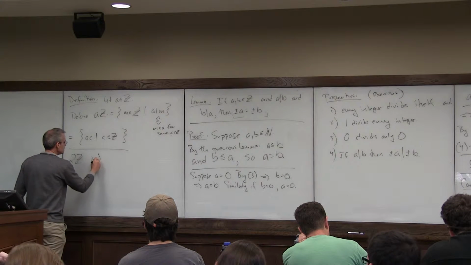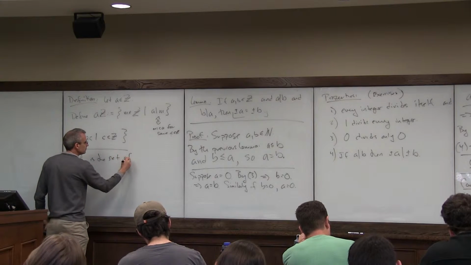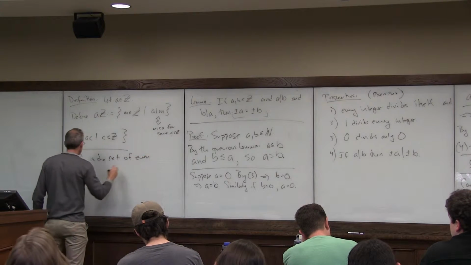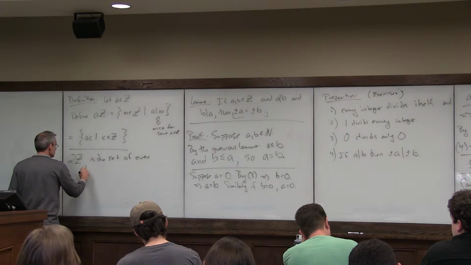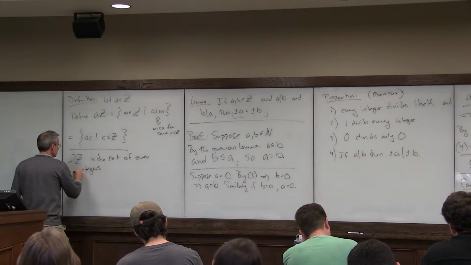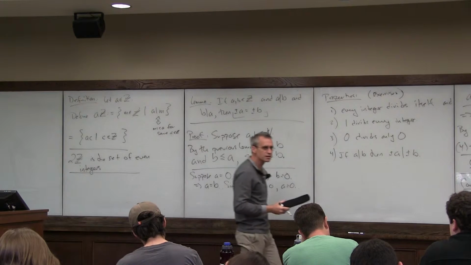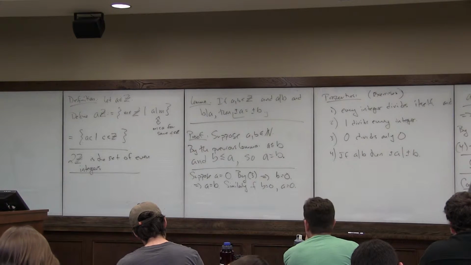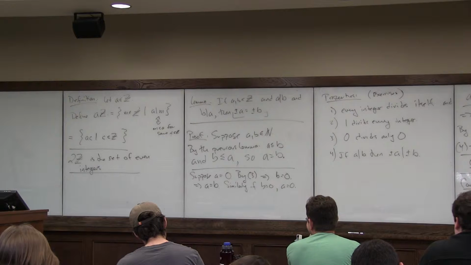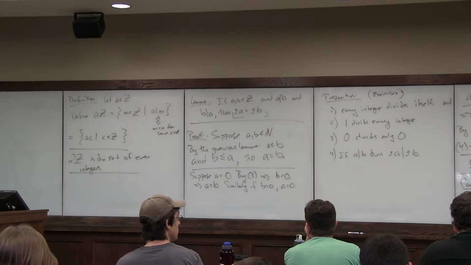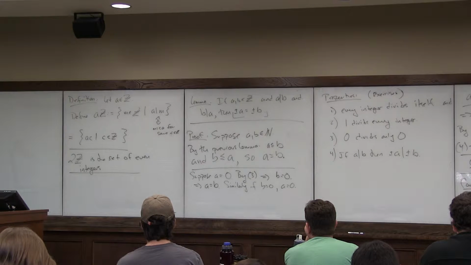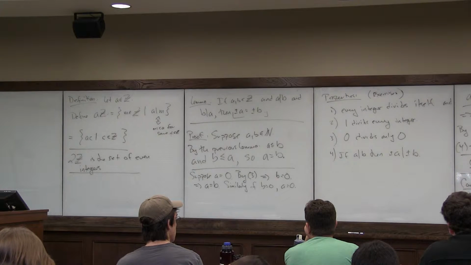Yes, it is the set of even integers. All things that are divisible by 2. And again, to us, it does not mean that you can divide it by 2, because you can divide anything by 2. The point is that you can divide it by 2 and get a natural number, but that's again not a good way to think about it.